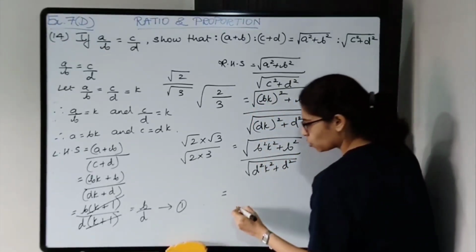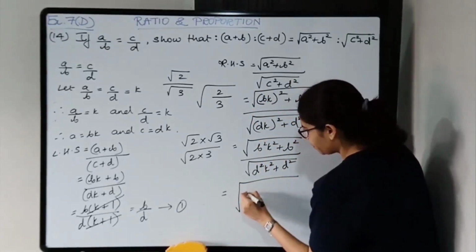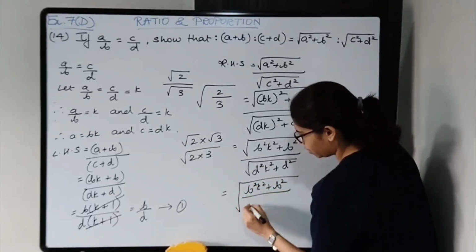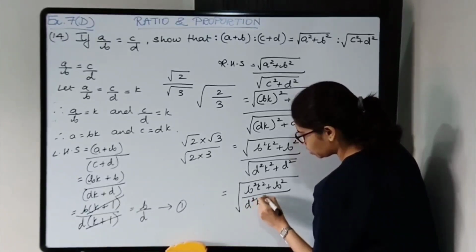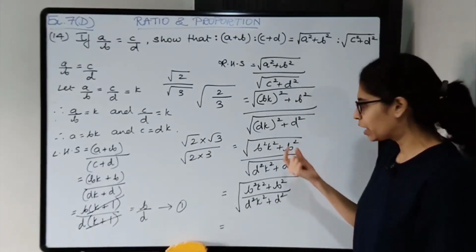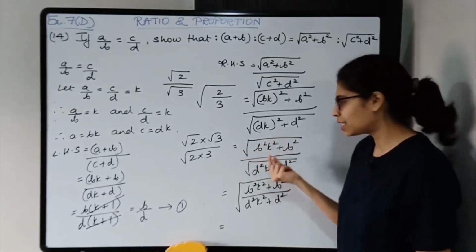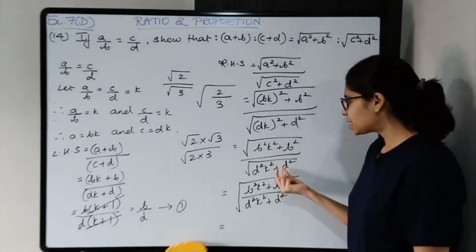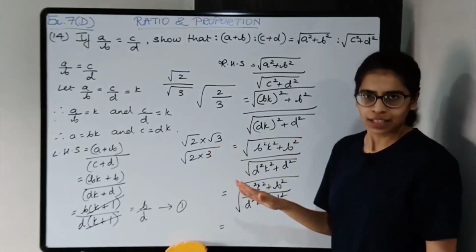So taking common square root, B square K square plus B square upon D square K square plus D square. And also you cannot take this outside the root because there is a plus sign in between. Whenever there is a plus or minus sign, you cannot take the square root and take it outside.